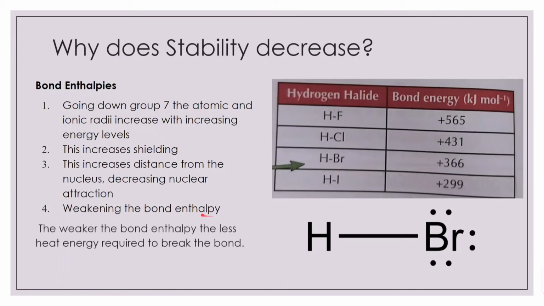This weaker bond enthalpy means that less heat energy is required to break the bond, hence the stability decreases. So hydrogen iodide has the lowest bond enthalpy, so it will require less heat energy to break the bond. This is because iodine has the largest atomic and ionic radius, because of increasing energy levels.